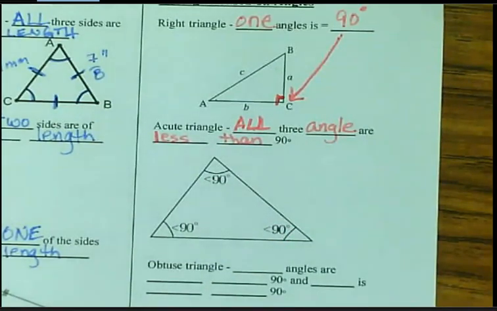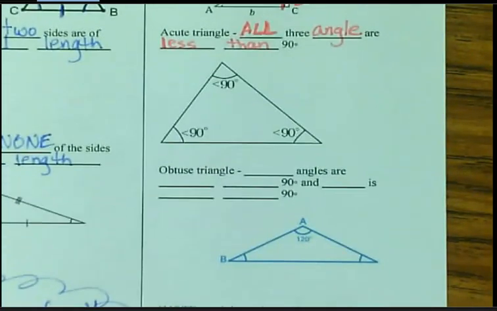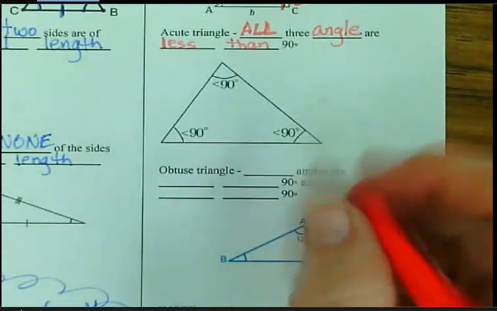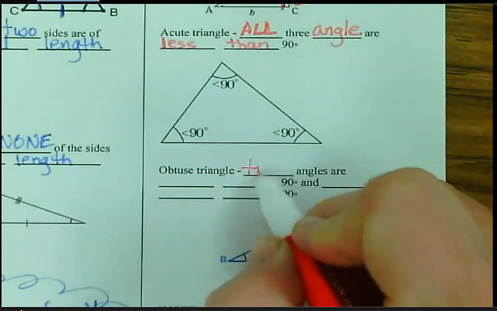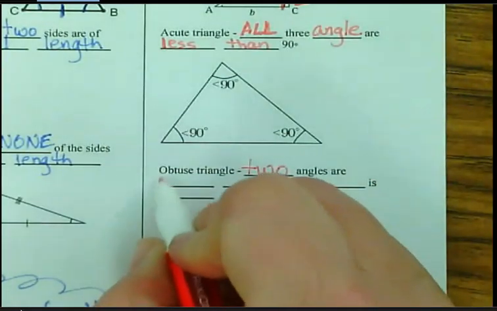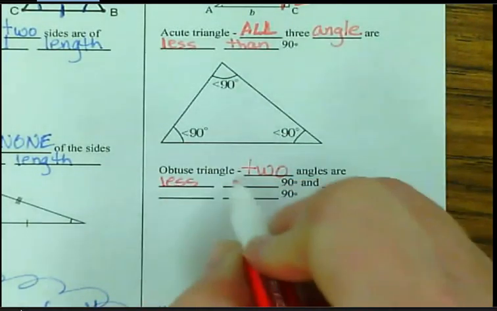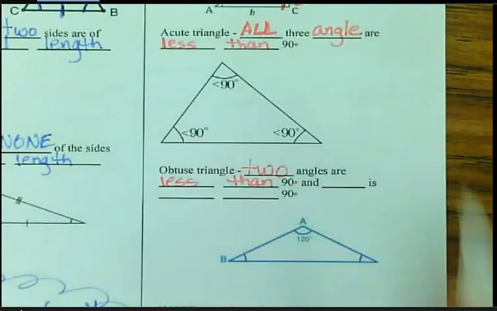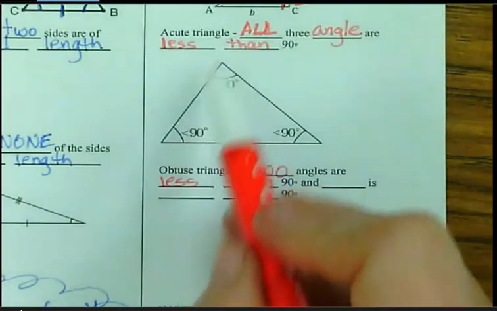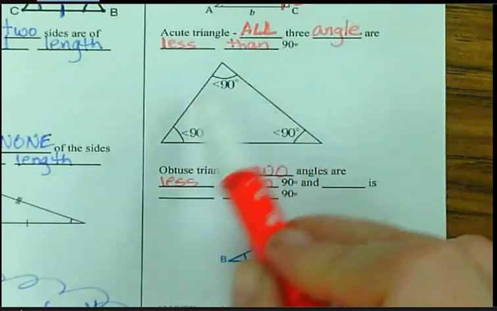All right. Now, this one is called an obtuse triangle. It's obtuse, and here's why. You've got two angles that are less than 90 degrees. Okay, up here in the acute we had all three.